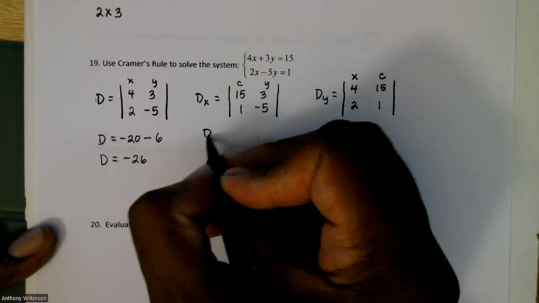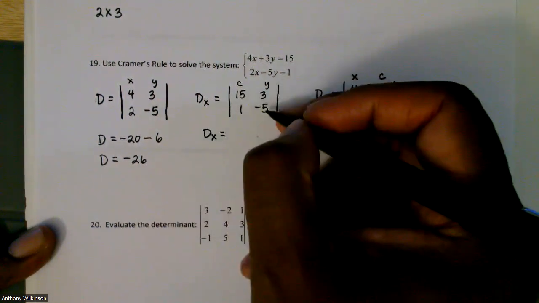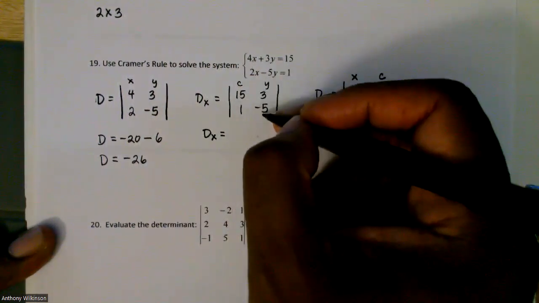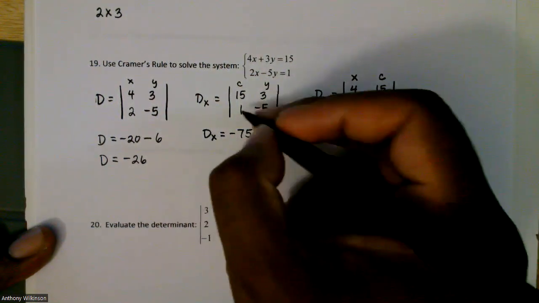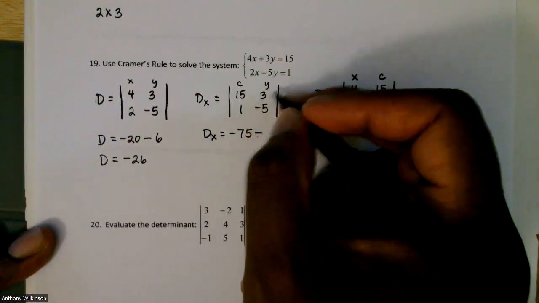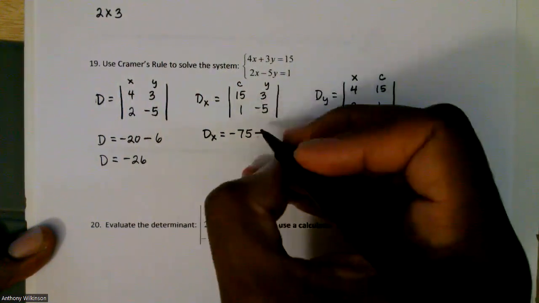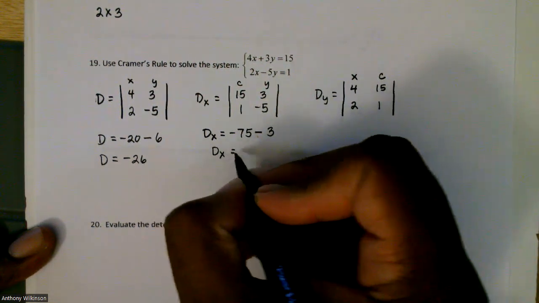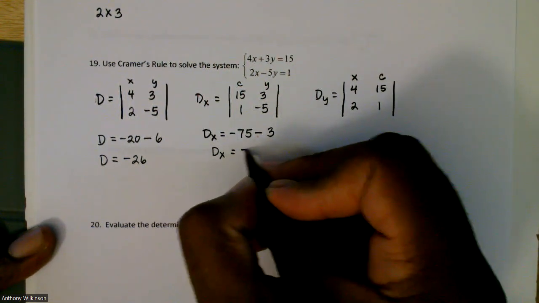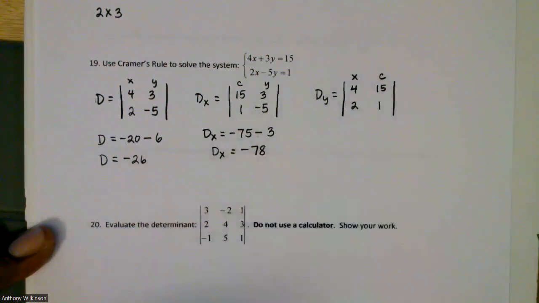And now for d sub x, here we're going from the upper left to the lower right. 15 times -5 will be -75, minus the product going from the lower left to the upper right. 1 times 3, which will be 3. So if I do -75 minus 3, that will be -78.